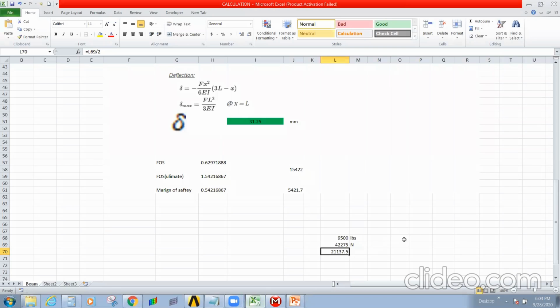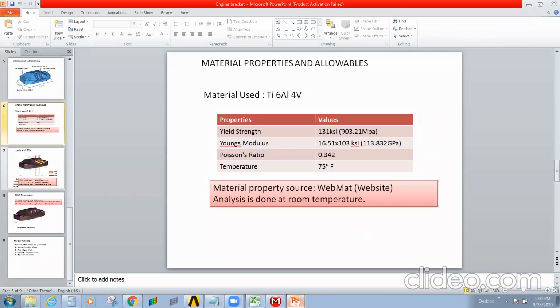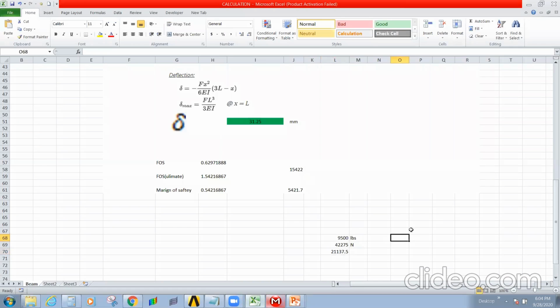Your yield is 903.21, which is your yield point, and your maximum stress will be 891.5. So what will be your factor of safety? It will be yield divided by applied, so your factor of safety is 0.0131.